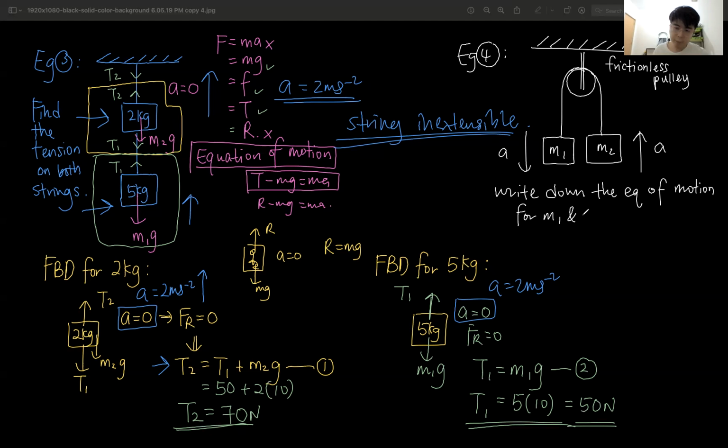Write down the equation of motion for M1 and M2, like equation 1 and equation 2 here. How many bodies do you have? You have 2 bodies, right? In that system you will have 2 equations of motion. You try it first and I'll show you the answers later.